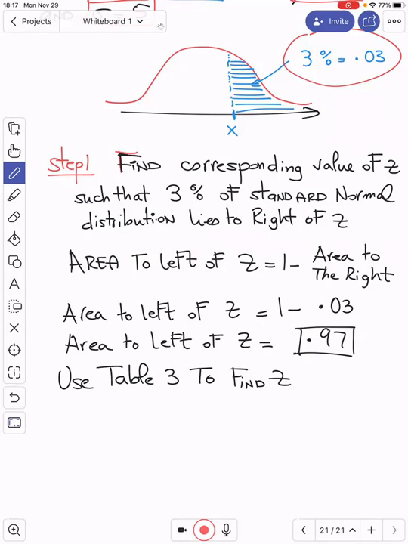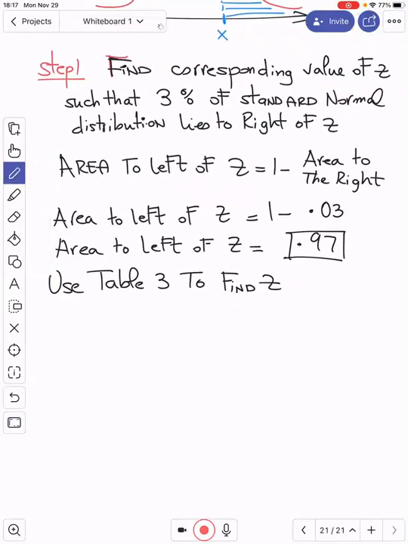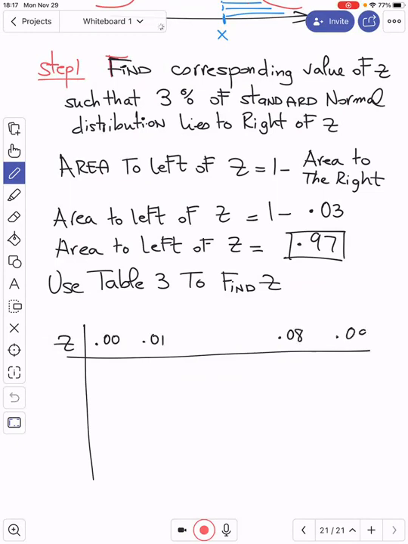So if you check the positive values of z, here's your z. You have 0.00, 0.01, 0.08, 0.09, etc. When z is 1.8, you have 0.9641, 0.9649. So we're getting close to the 0.97 that we want, right?